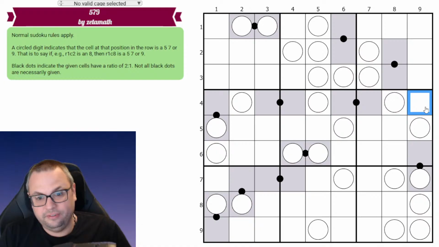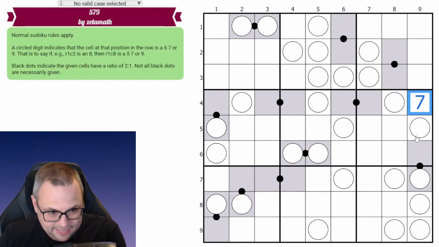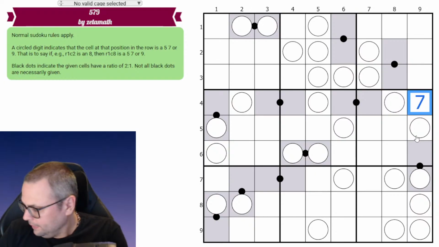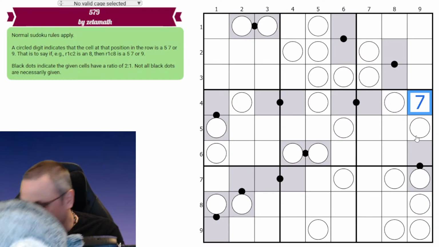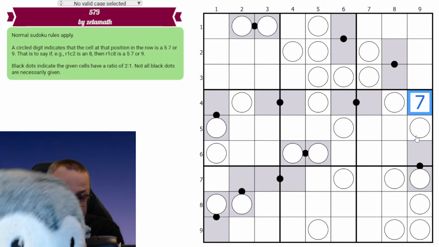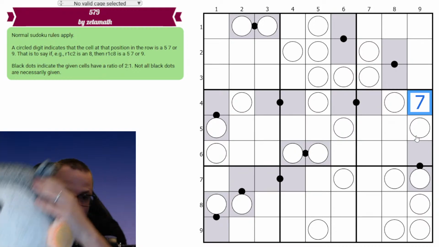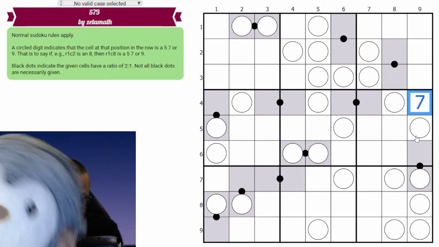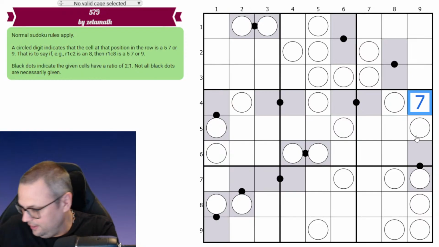So therefore, the 7 in this row is there. And I think that is our first digit. And therefore, we get to bring in Zach for the 7 dance.